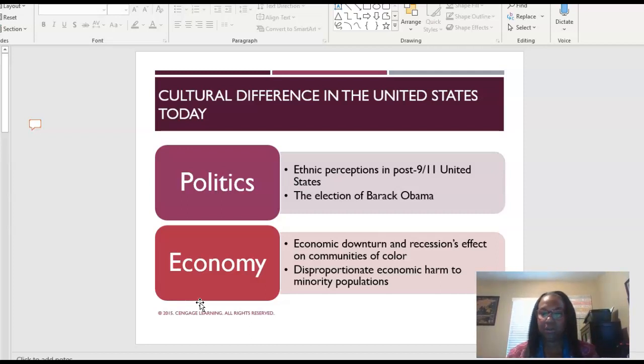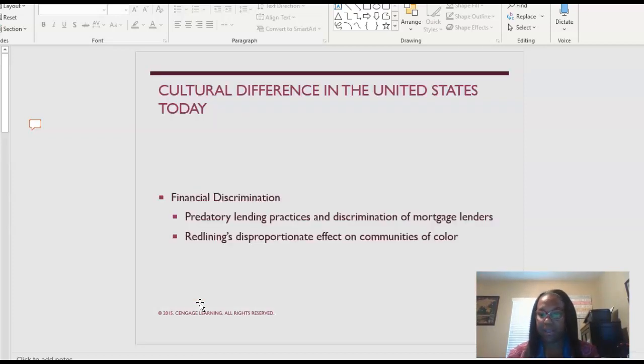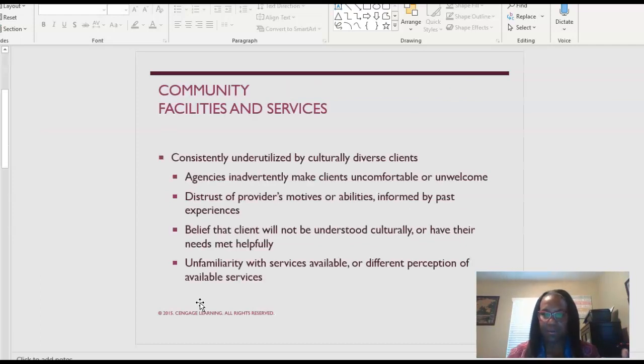It's going to touch on cultural differences in the United States today from a political perspective versus an economic perspective, and looking at all the different situations that have occurred throughout our history until now in regards to diversity and economic downturns that we have experienced through recessions and other entities, how those impact communities of color, what that looks like in relation to different nationalities within our United States and within our world, and how we interact and what those communities represent.